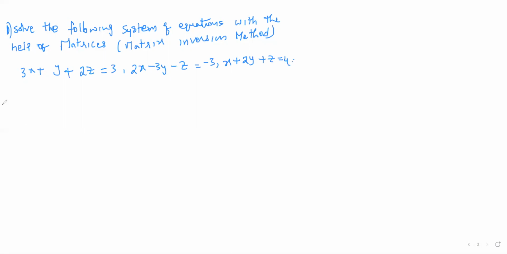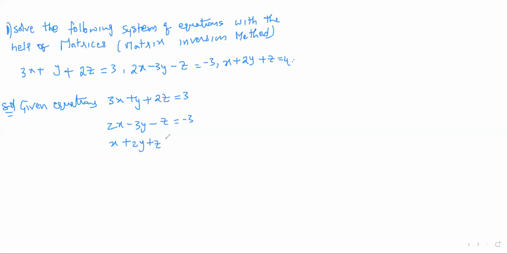These are the given equations. So solution. Given equations: 3x plus y plus 2z is equal to 3. Next one, 2x minus 3y minus z is equal to minus 3. x plus 2y plus z is equal to 4. That is the first one, second one, and the third one.